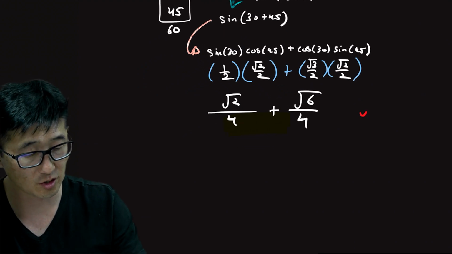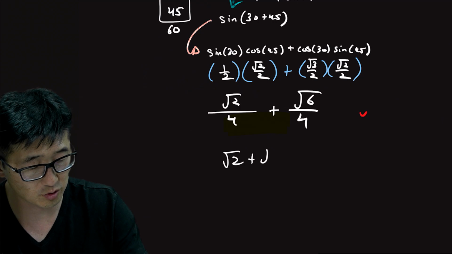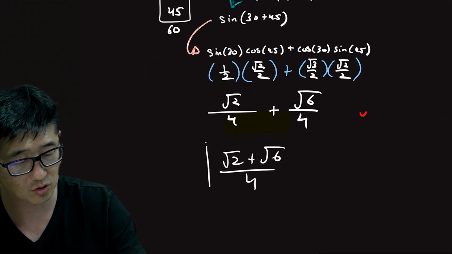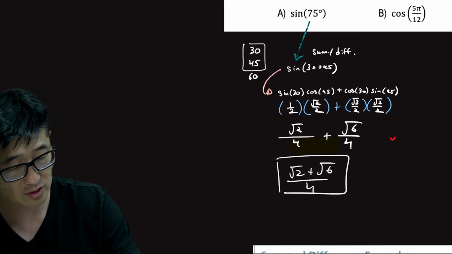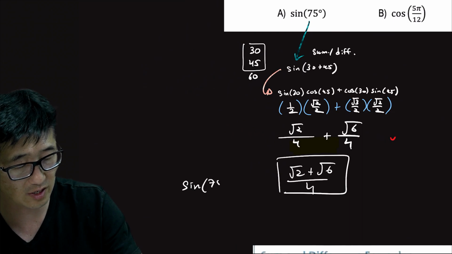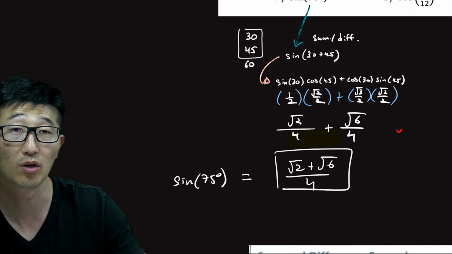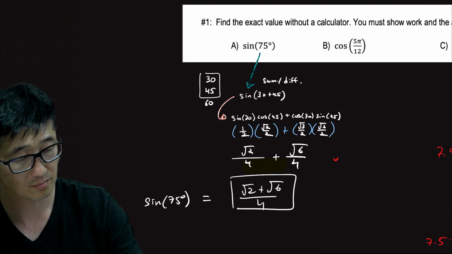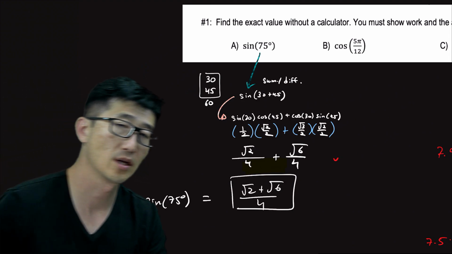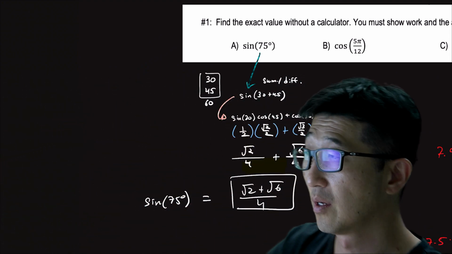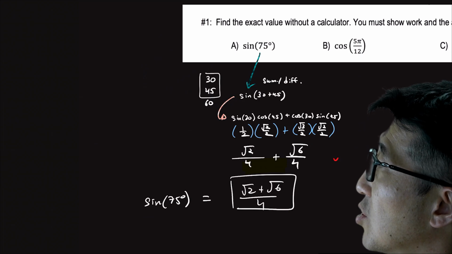The denominators are the same, so you write this as radical 2 plus radical 6 over 4, and this is your final answer. So sine 75 degrees is equal to all of that. And I don't have to simplify it further, right? Oh, yeah, never mind.